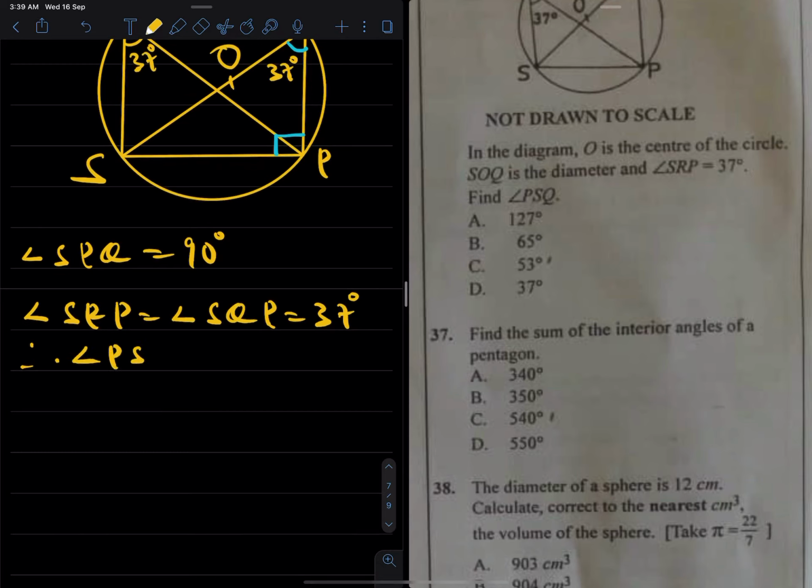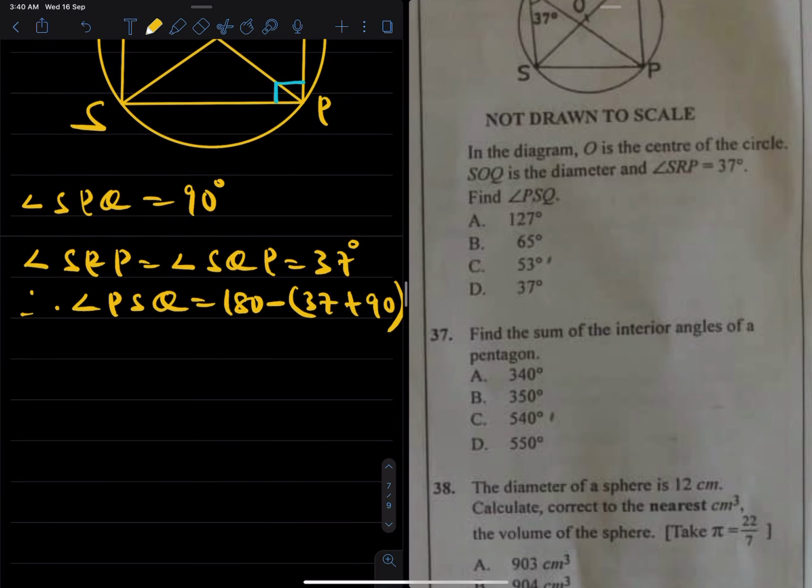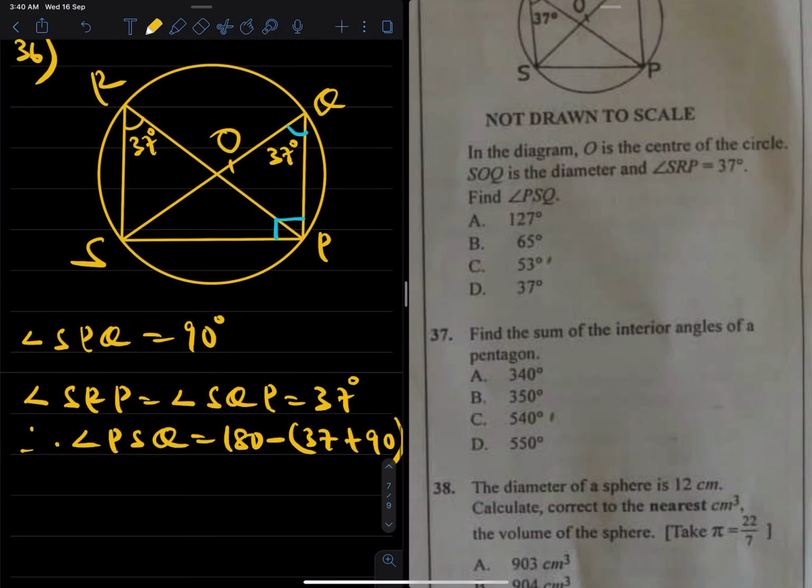Angle PSQ is equal to 180 minus the sum of 37 and 90, and the reason for that is the sum of angles in a triangle is 180 degrees.